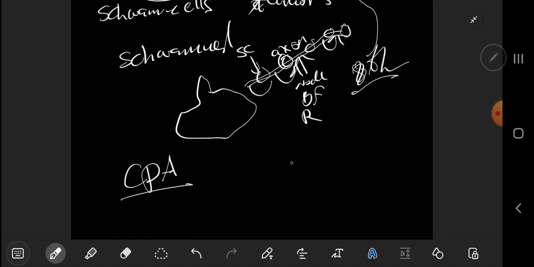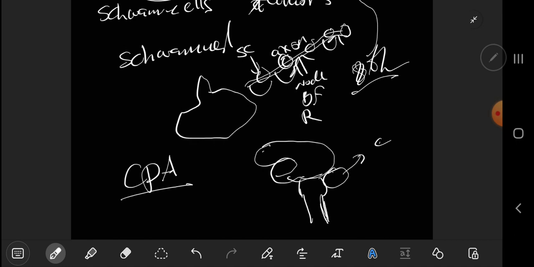If you think about the brain, think about the brain for a sec. Okay, so you have here the cerebellum, and here you have the pons and the midbrain, pons and medulla.